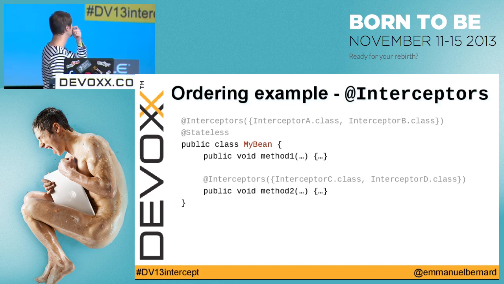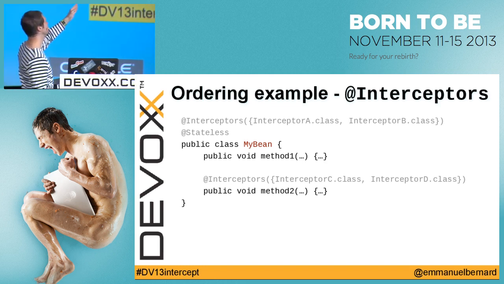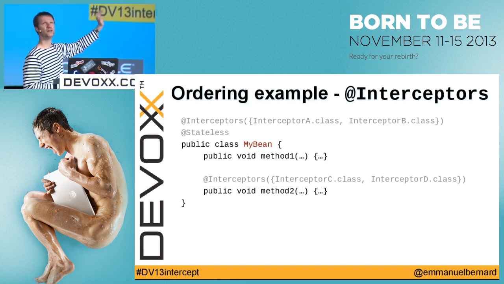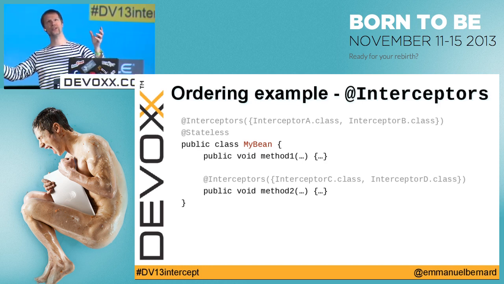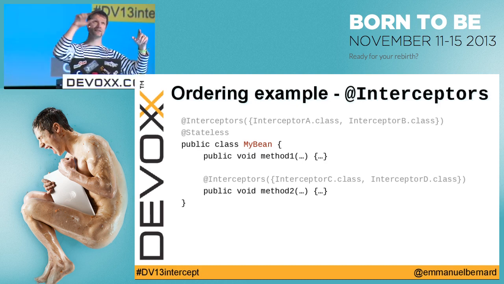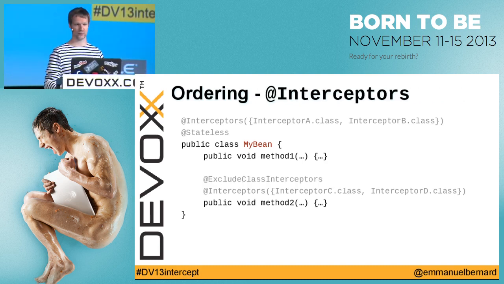So in this case, when I call method 1, interceptor A is executed before interceptor B. If I call method 2, interceptor A is executed, then B, then C, then D. Okay? So in this case, the order is already well defined, so priority doesn't do anything here. Okay? So how do we order between priority ordered interceptors and actual add interceptors? We'll see that in a minute.